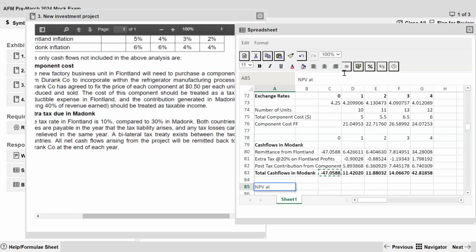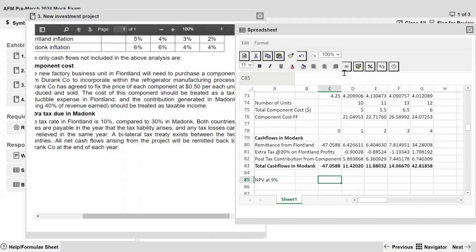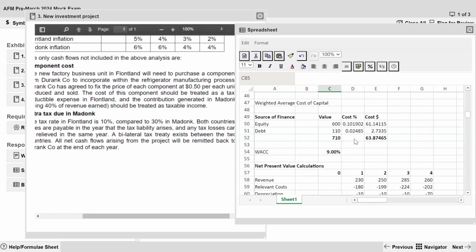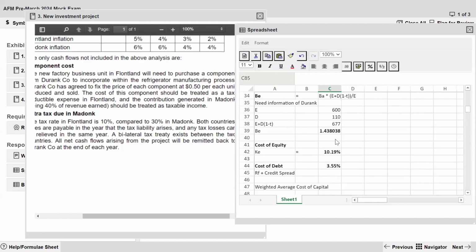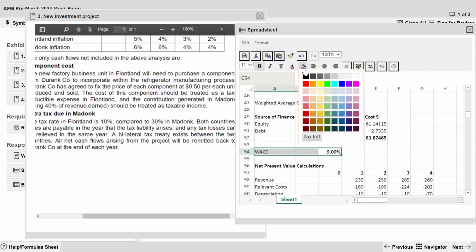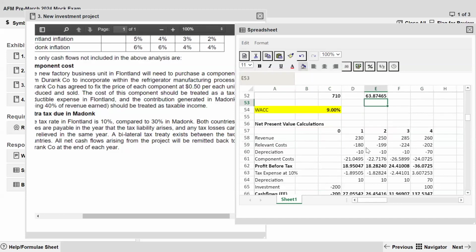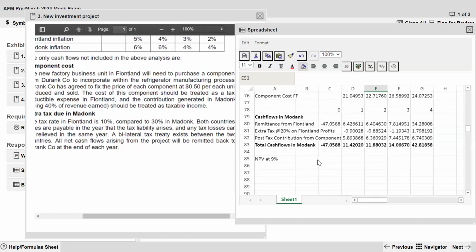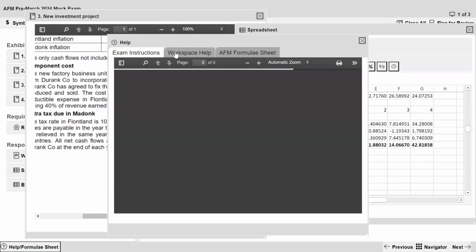NPV at 9%. What was the rate? The rate was 9% for the WACC. Now the net present value at 9% is gonna be, I would suggest you to open the formula sheet, workspace help.